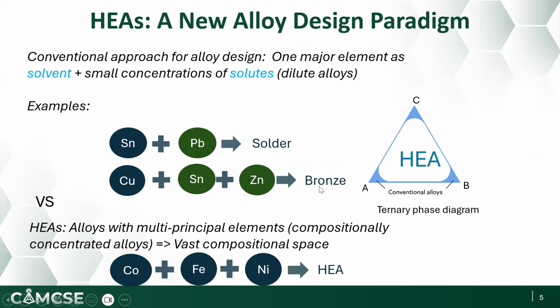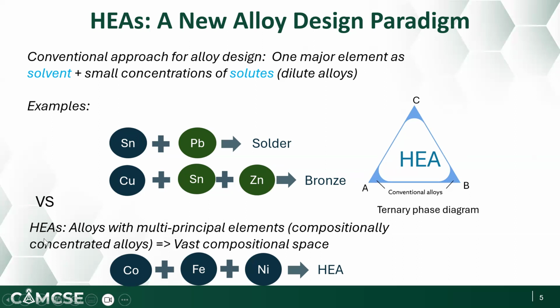If you want to make bronze, you take copper as the major element, which is the solvent, and then you dope small concentrations of tin and zinc. This gives you bronze. So in a sense, these conventional dilute alloys are often located at the corners of the phase diagrams.